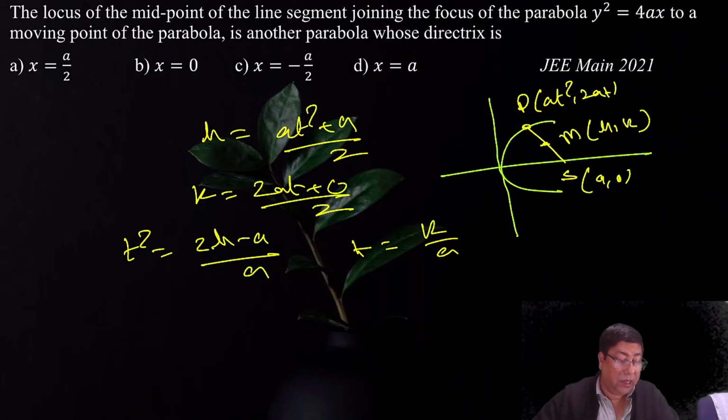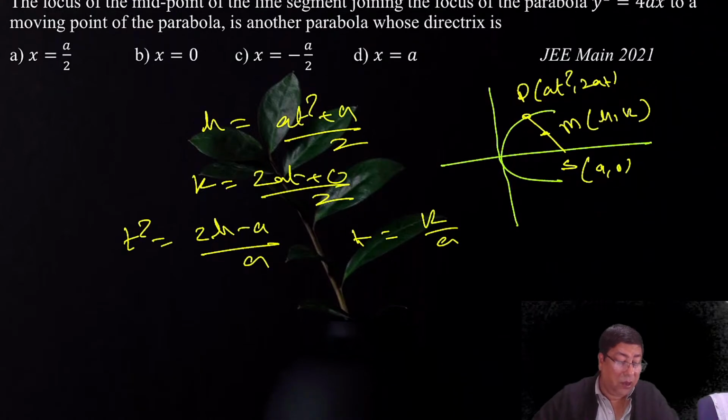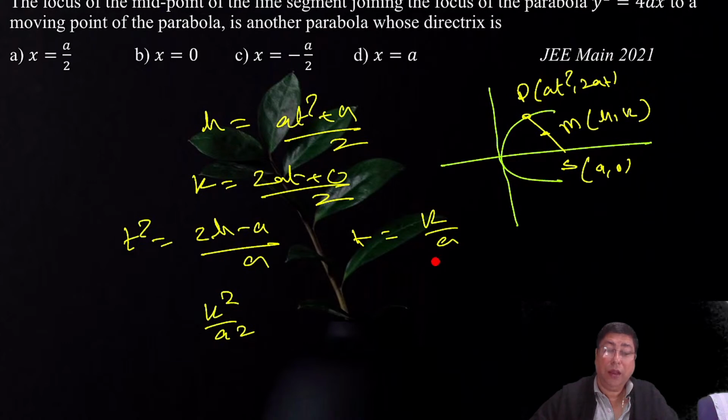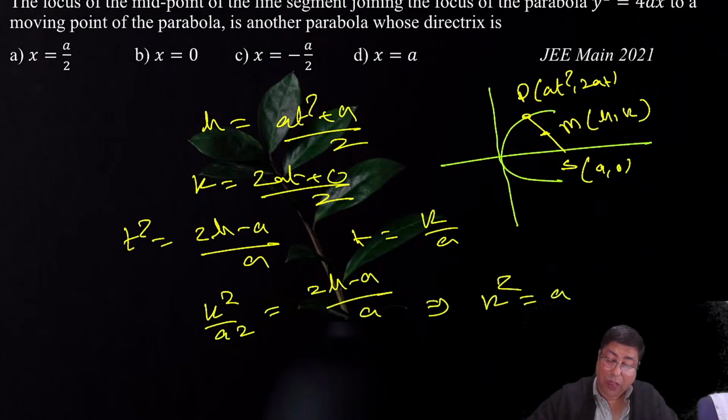Just eliminate t on both sides. We are getting k square by a square equal to (2h minus a) by a. Therefore, k square equal to a into (2h minus a).